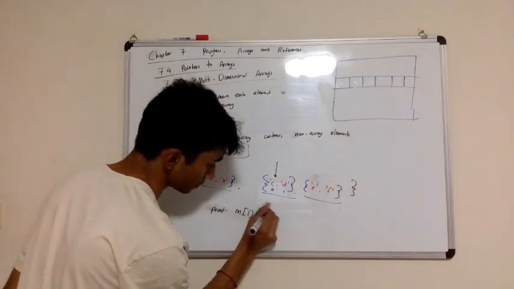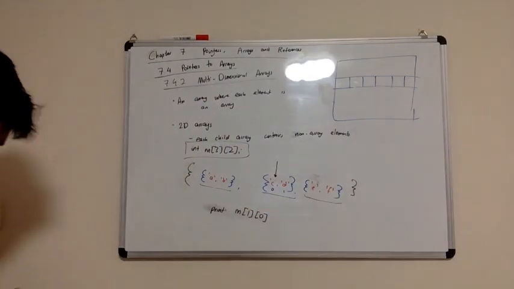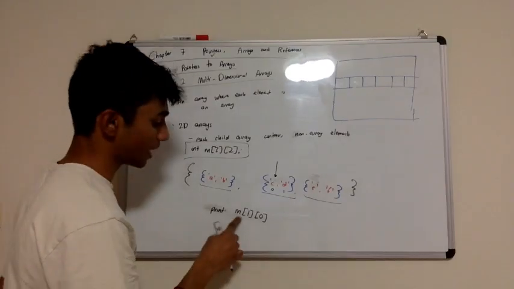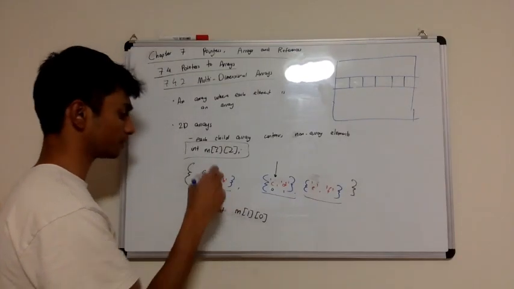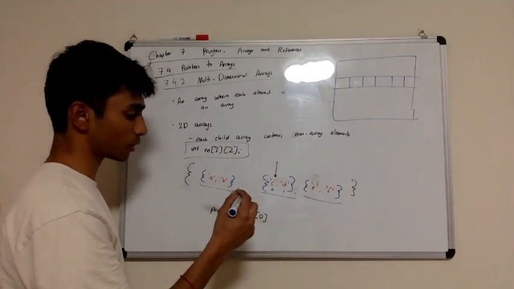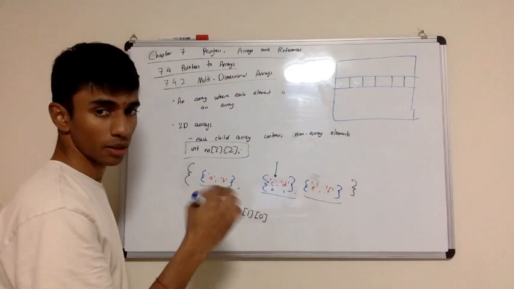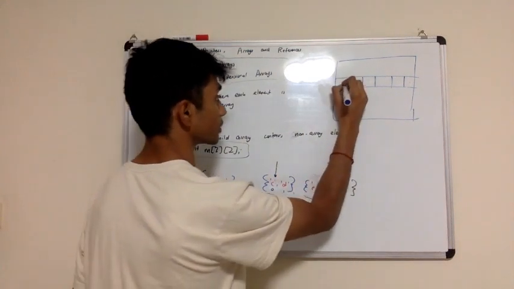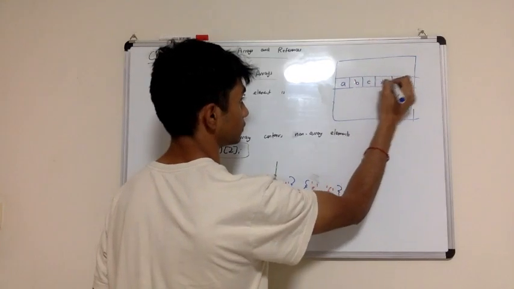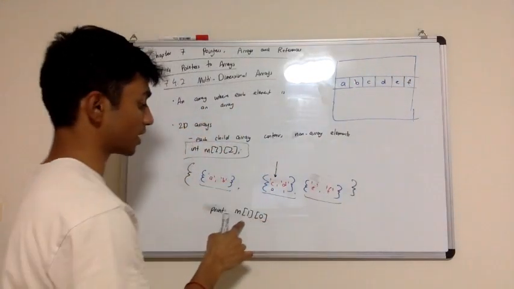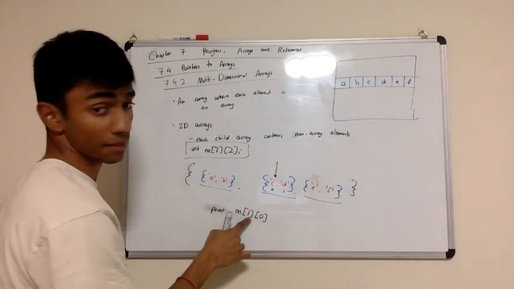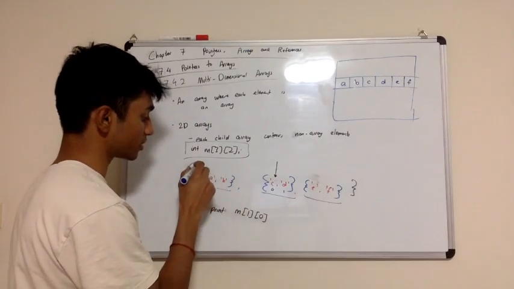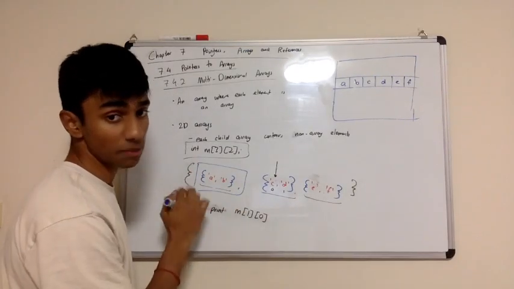So if we ask C++ to print, again using pseudocode for printing, M10, it would actually have a bit more computation to do, because remember, in memory it looks like this. When you say M of 1, that tells it that it has to skip this entire element.